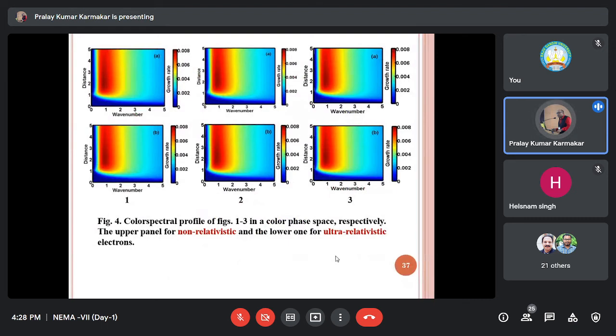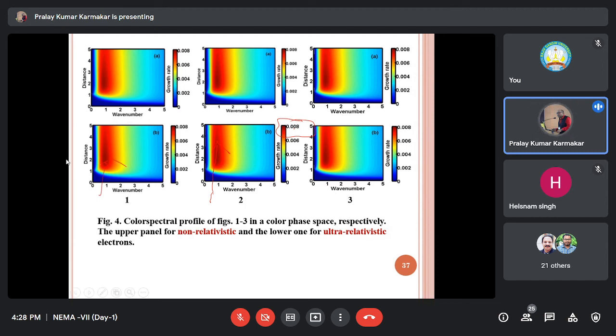So we have defined color map, color space, and within that, what we find is that for the growth rate value, red is the low value. So low value is observed only in the gravitational domain, that is, K is very small, so as to make the wavelength very large. Here again, same is the case.